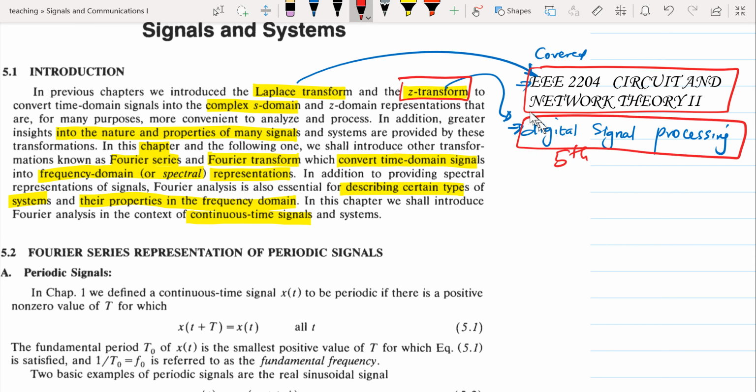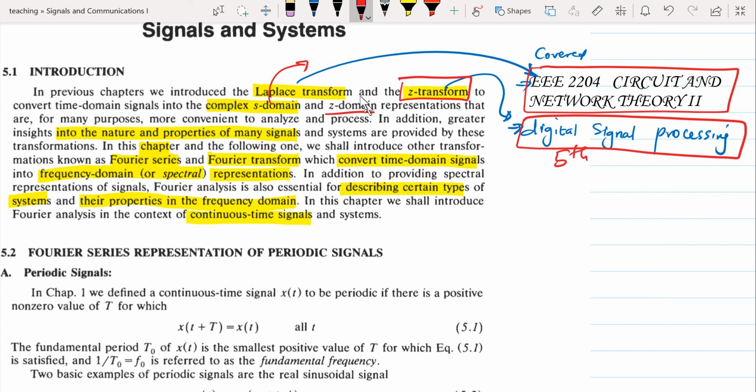These are transforms that are very useful in converting time domain signals into the S domain, achieved by Laplace, and the Z domain, achieved by Z transforms. For many purposes, they are more convenient to analyze and process, particularly when dealing with continuous time signals.